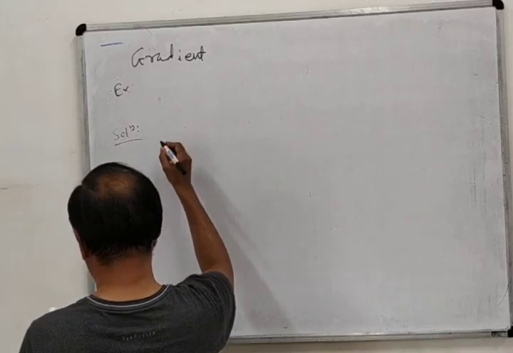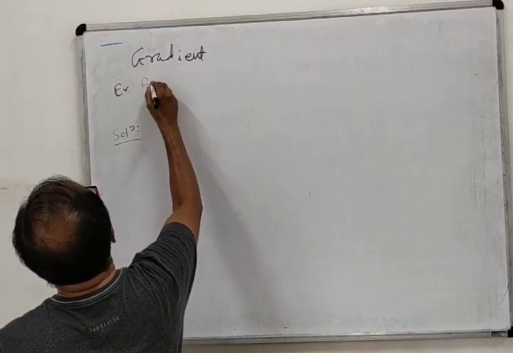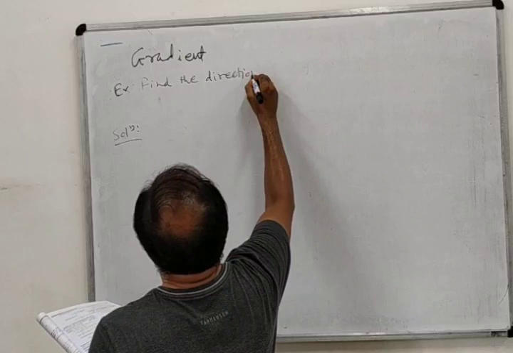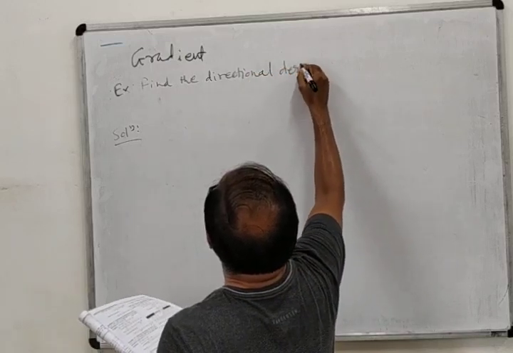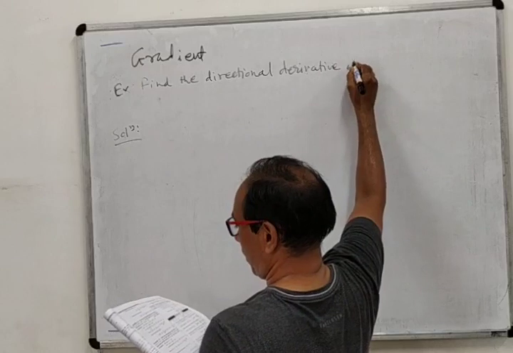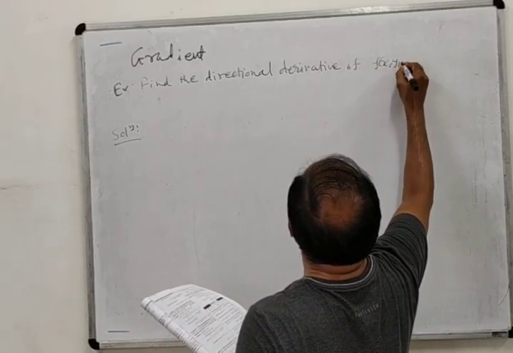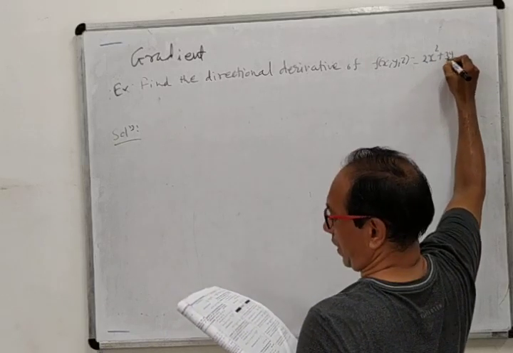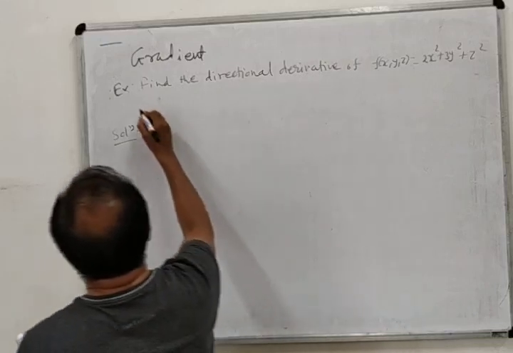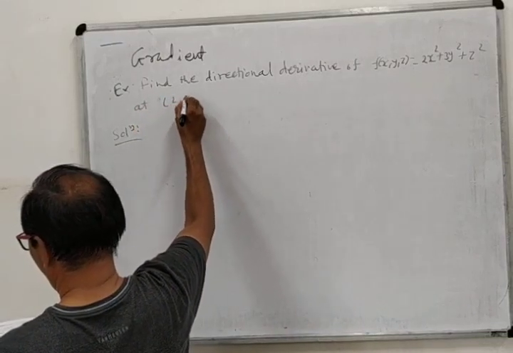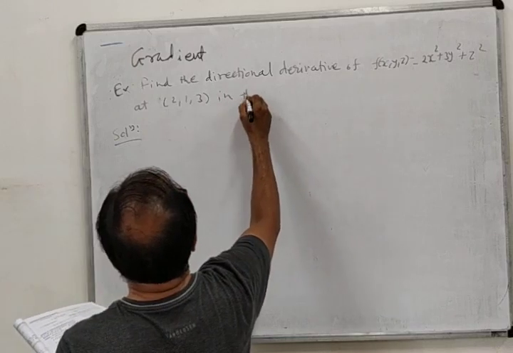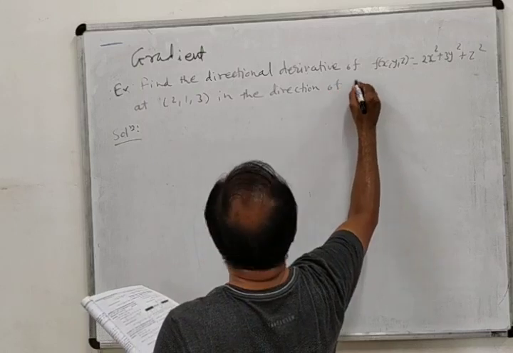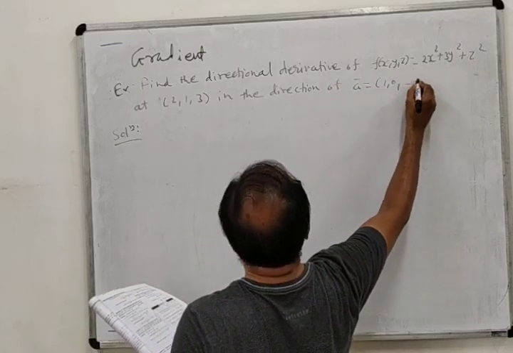Find the directional derivative of f of x, y, z equal to 2x square plus 3y square plus z square at the point (2, 1, 3) in the direction of a bar equal to (1, 0, minus 2).